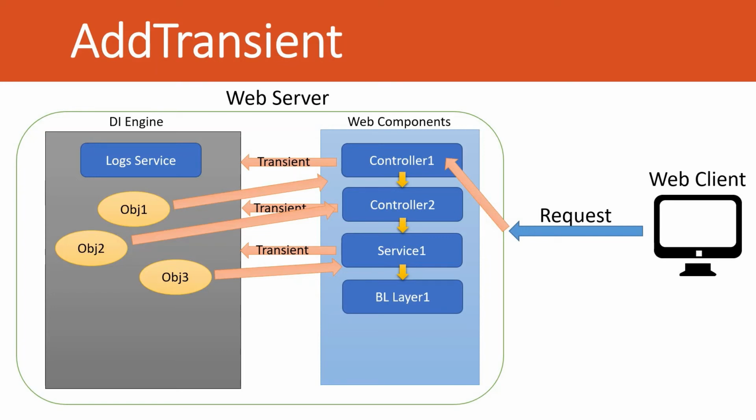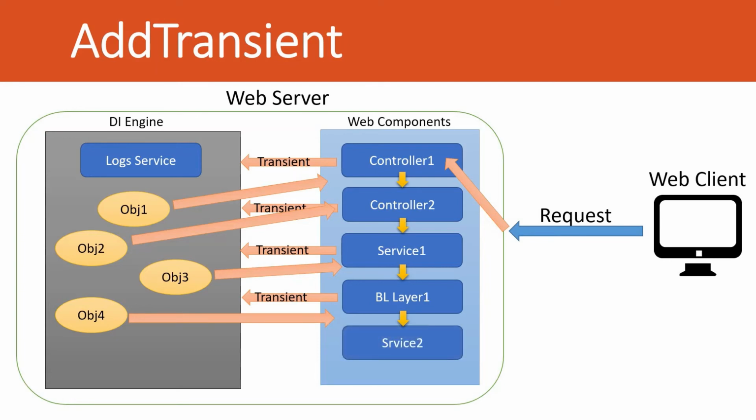This one also has a dependency on log service, so it requests the DI engine for the object. The DI engine creates a new object and returns it. BL layer 1 uses that object and calls the next service 2. Service 2 also has a dependency on log service, so it requests the DI engine for the object. The DI engine creates a new object and returns it.